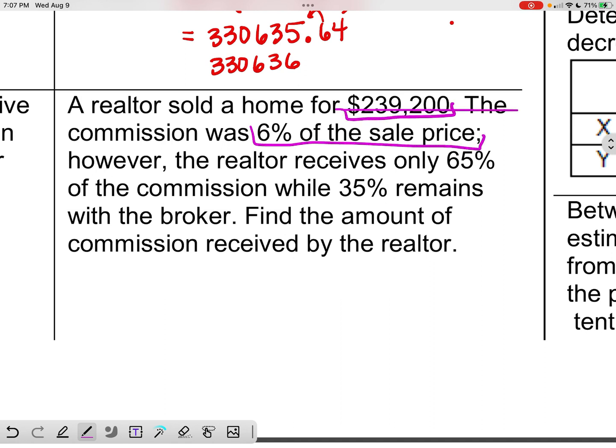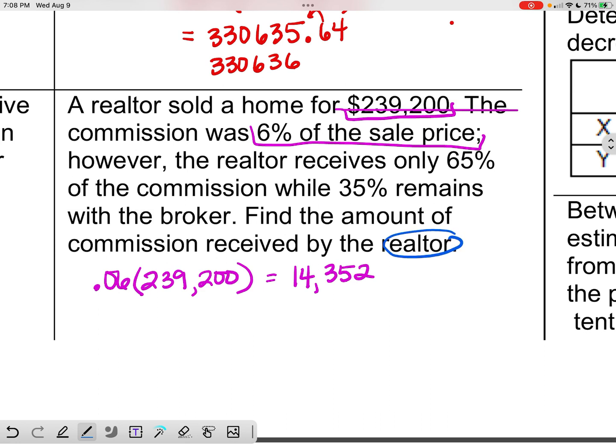So 6% of the 239,200. Okay, we're at 14,352. I don't care if you put commas or not. Live your best life.